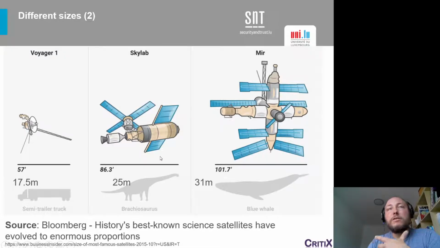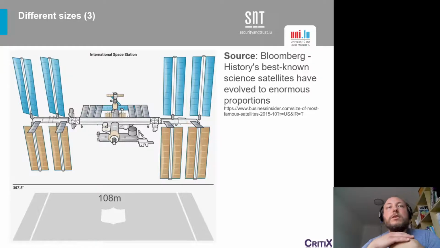The stations are large because there's a lot of additional equipment required to support the life of astronauts or cosmonauts or taikonauts. Skylab or Mir station were in the range of tens of meters. The largest man-made object, the International Space Station, is the size of a football field, more than 100 meters in its largest dimension.